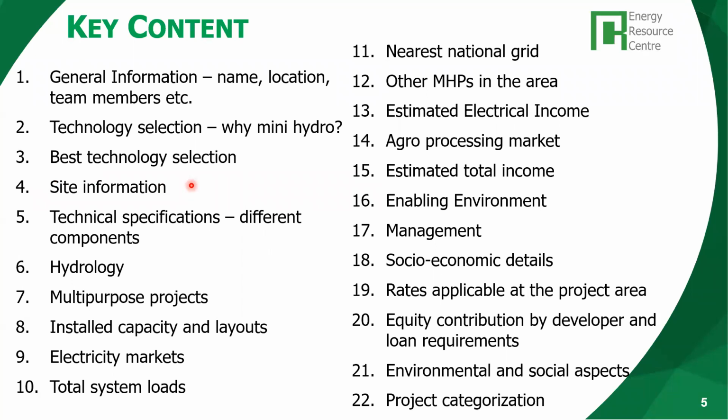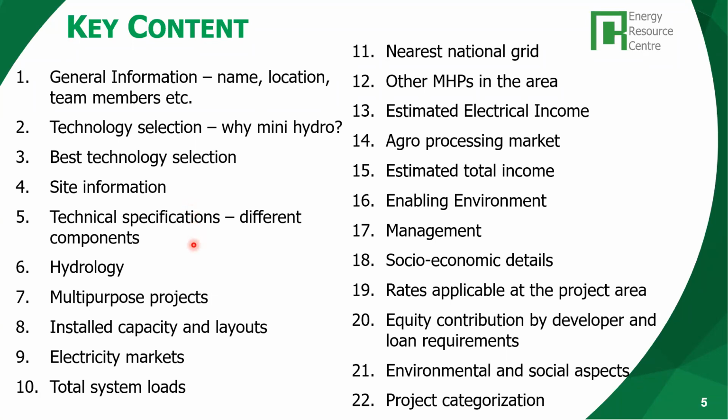The details I will show in the following slides, but you have to provide the site information. Then you provide the technical specification of the different components. Where is the intake located? What is the size and dimension of the intake, the weir, the headrace canal, the gravel trap, the forebay, the penstock, the powerhouse?